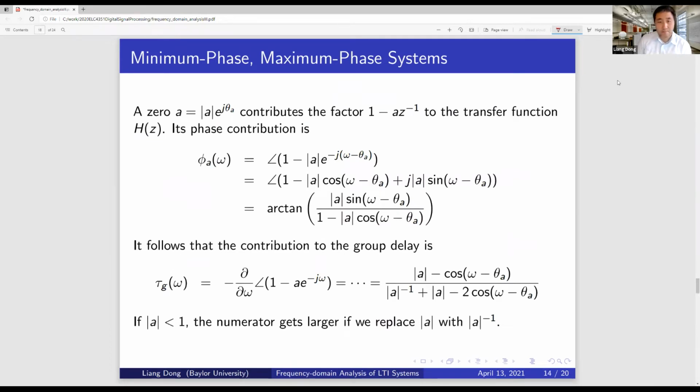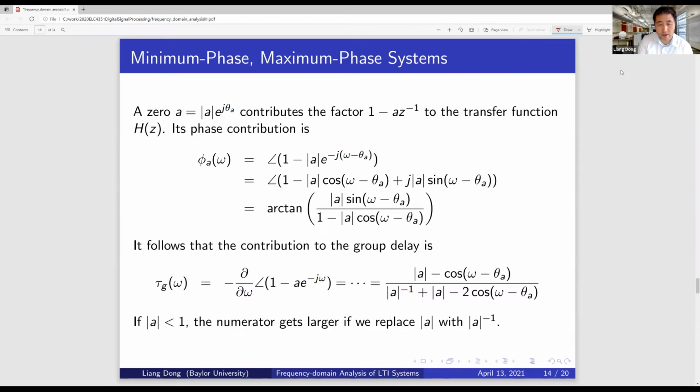Okay, mathematically, how can we prove that? We are looking at why these two statements on the previous page are true. Let's look at a zero, which I call A. This zero is a complex zero, so I'm putting it in polar form.